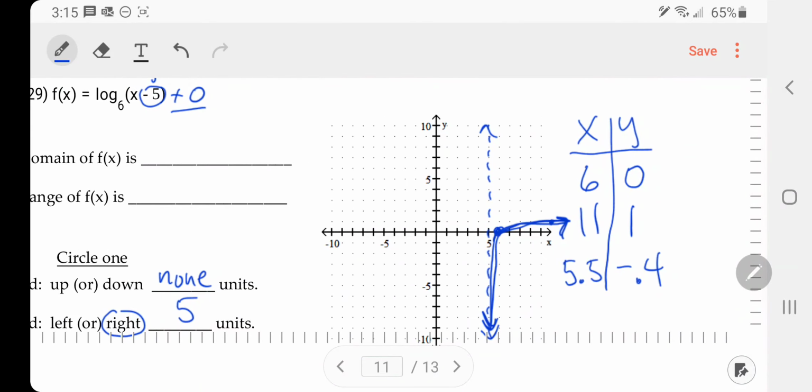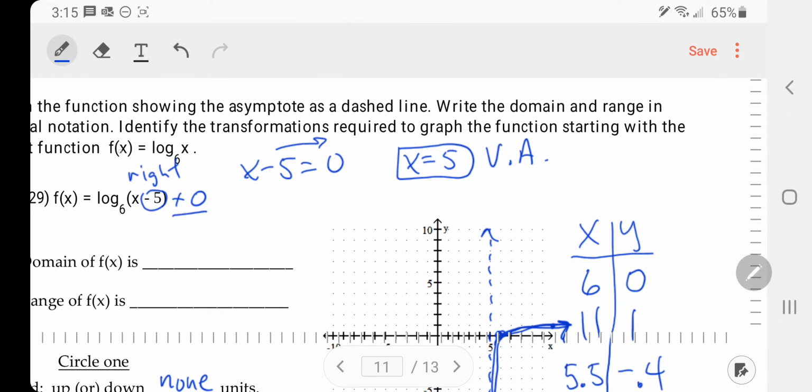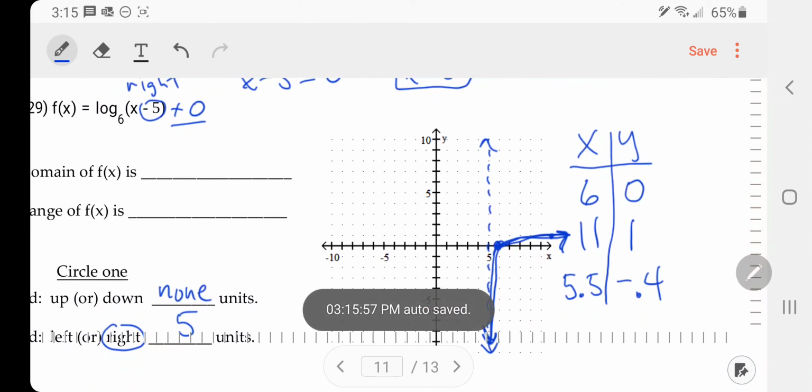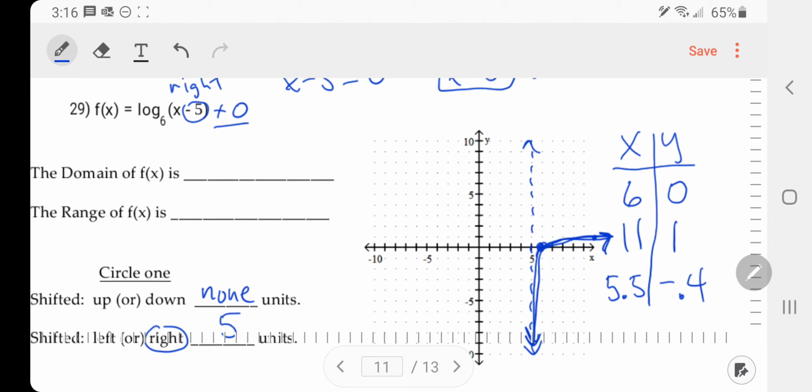Now, can you see that the vertical asymptote of a standard log function, if we go back and look at the parent function, would have been at the y-axis. That has been shifted over 5 to the right. So this does represent a shift of 5 to the right, and that helps me feel like I'm right.